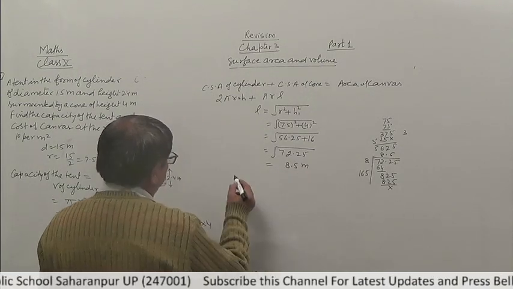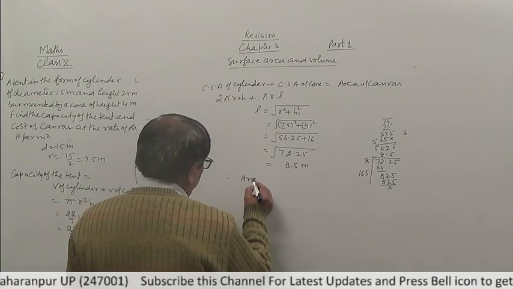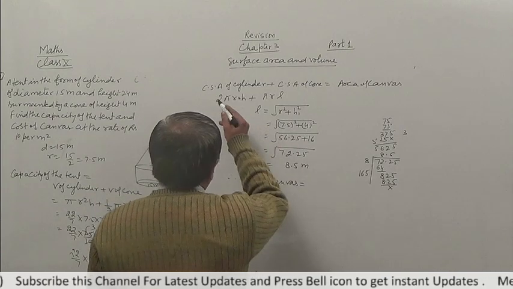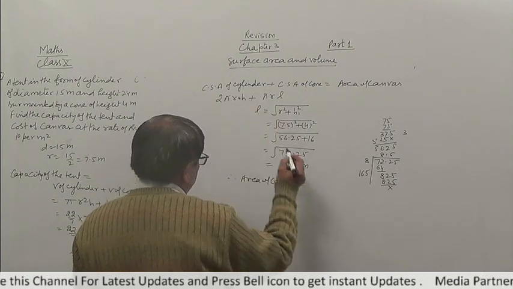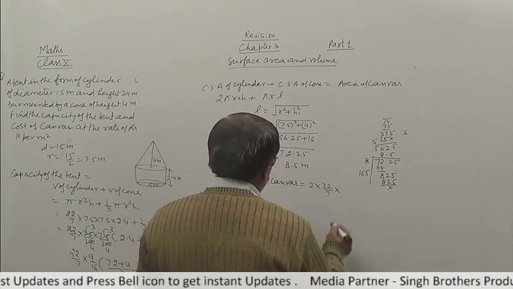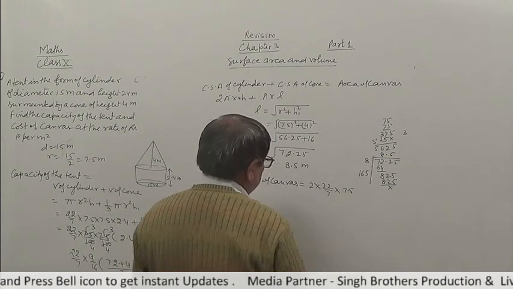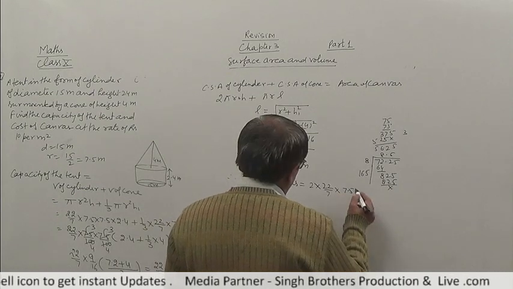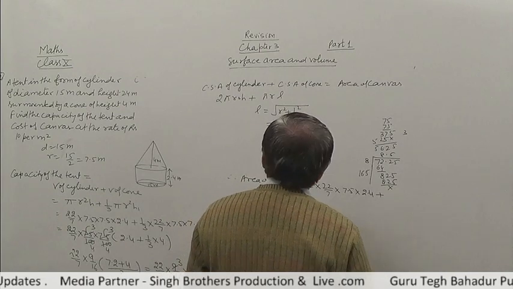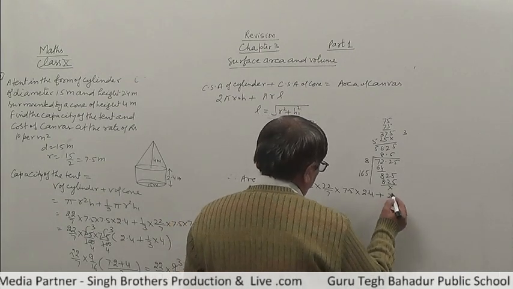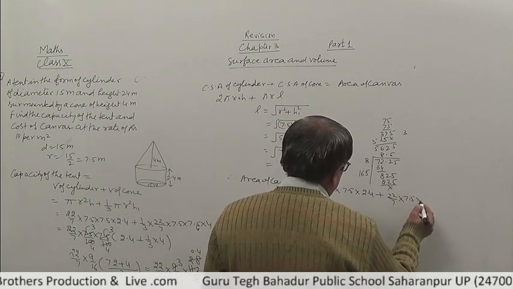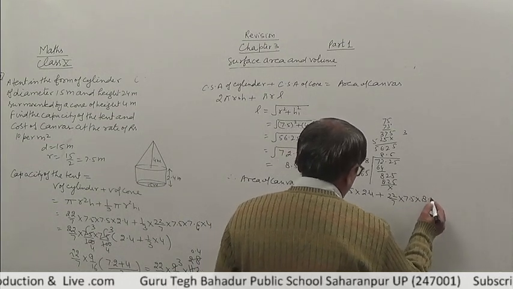So therefore area of canvas is 2 pi r h, 2 into 22 upon 7, radius is 7.5, height is 2.4, plus 22 upon 7, r is 7.5, l is 8.5.